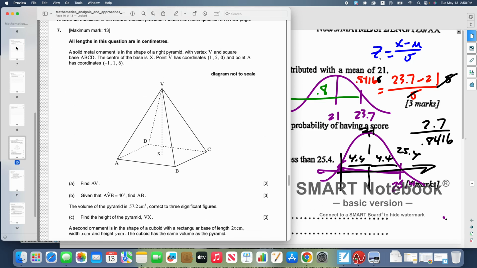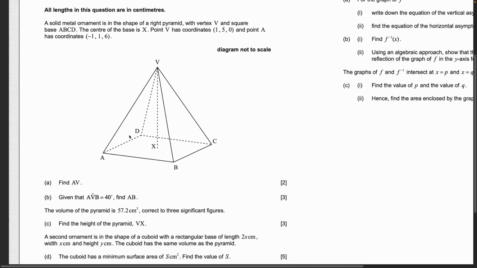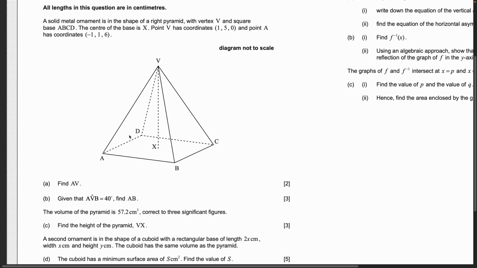Let's try this one. Give a chance to look at this. I think this is kind of what you're talking about.